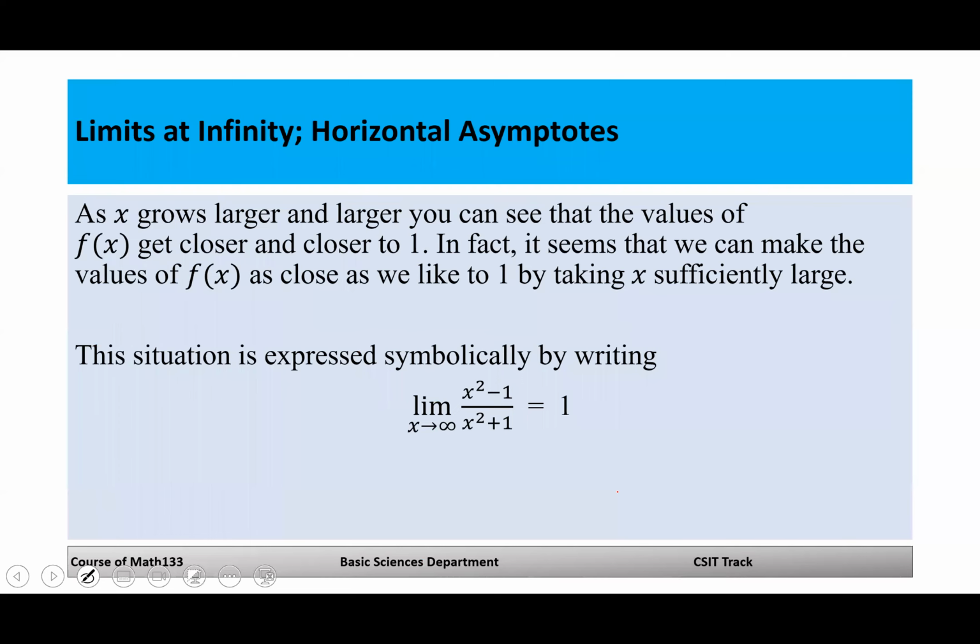So we conjecture that the limit as x goes to infinity is equal to 1. Before, in the previous sections, we took the limit of x approaches a number. Here we take x approaches plus or minus infinity. So that's the difference between this section and the previous ones.